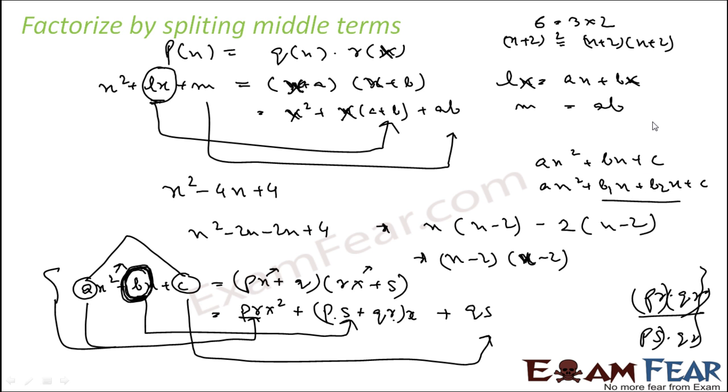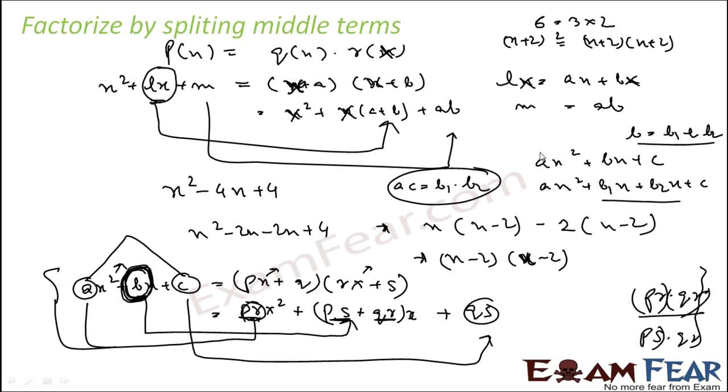Okay, so b is nothing but b1 plus b2, where ac is nothing but b1 into b2. Same thing here. You see here, b I have written into these two terms, where ac is nothing but multiply these two terms. Okay, alright. So that is factorizing by splitting method.